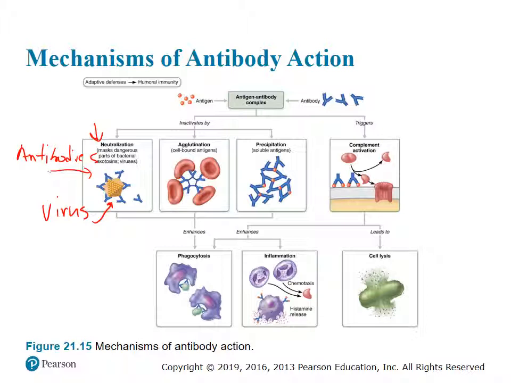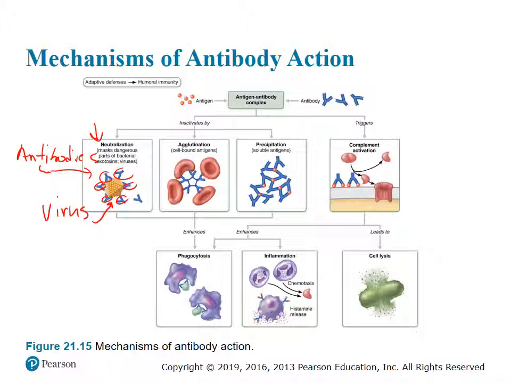You can see them binding to the surface of the virus. What they're binding to is not the virus itself, but the surface receptors, which are considered antigens. They bind to the antigen because they have the right shape just for that antigen, and neutralize the threat.